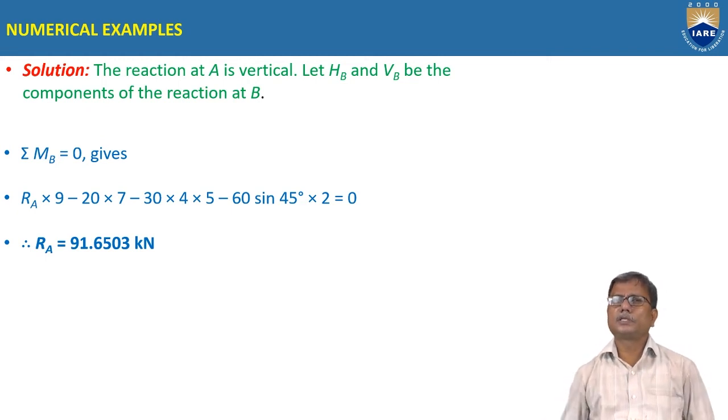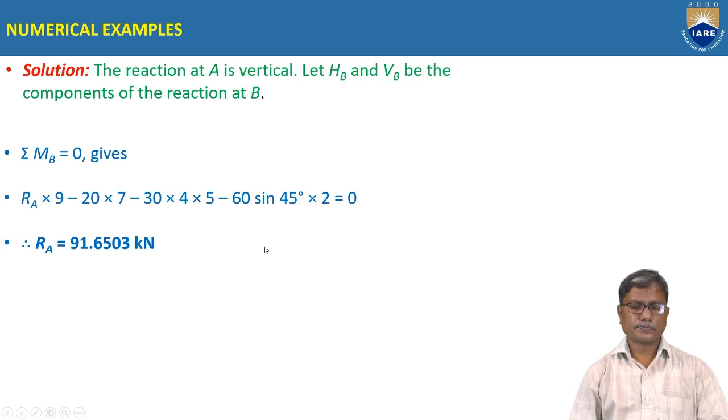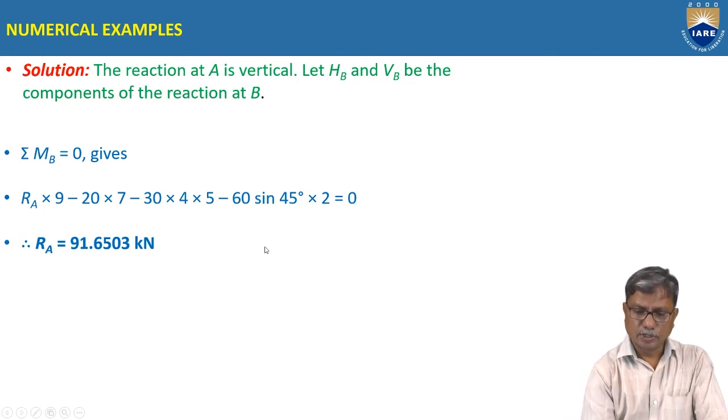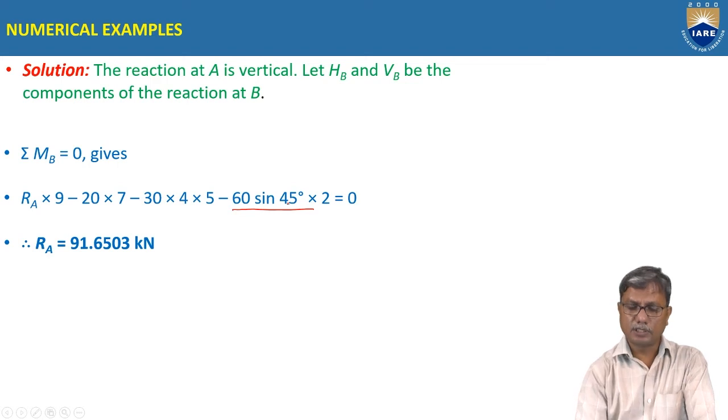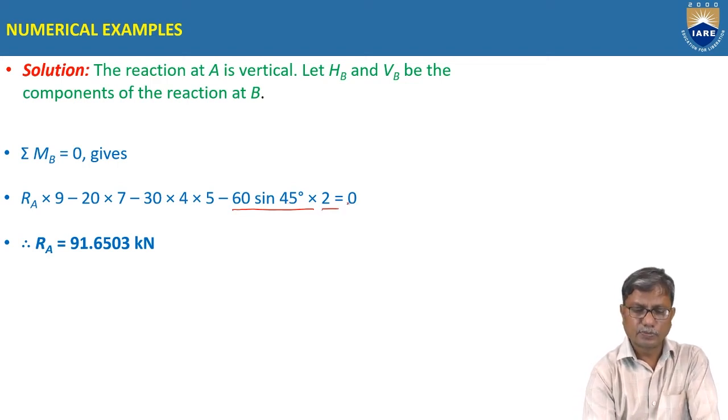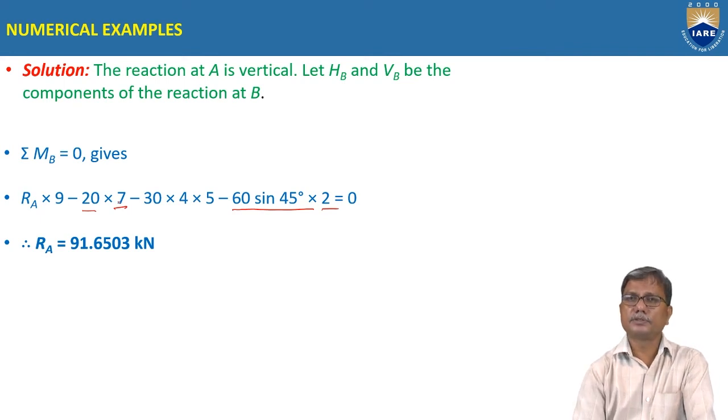So same 30. Here you observe, this is a point load. 60 sin 45 is the vertical component, into its perpendicular distance. 20 is a point load into its perpendicular distance.